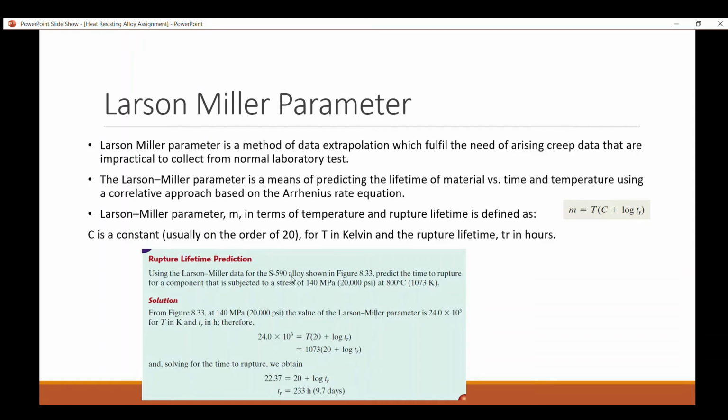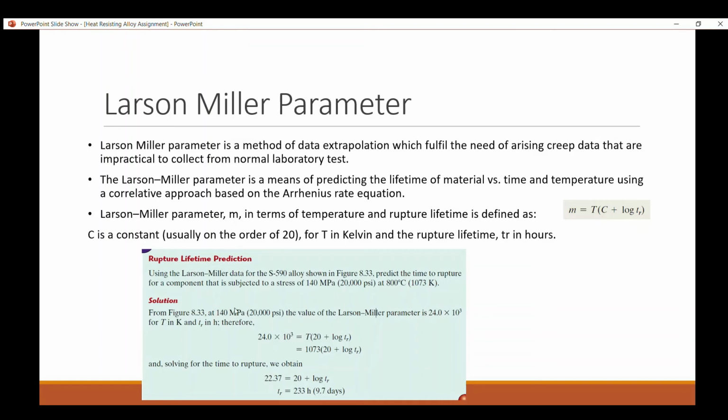This is an example of the Larson-Miller parameter that is taken from the book. So the question asks, using Larson-Miller data for the specific alloy, predict the time to rupture for a component that is subjected to a stress of 140 megapascal at 800 degrees. So from figure 8.33, we estimate the value of 140 megapascal on that figure, and we know that the value of the Larson-Miller parameter is 24 times 10 to the power of 3.